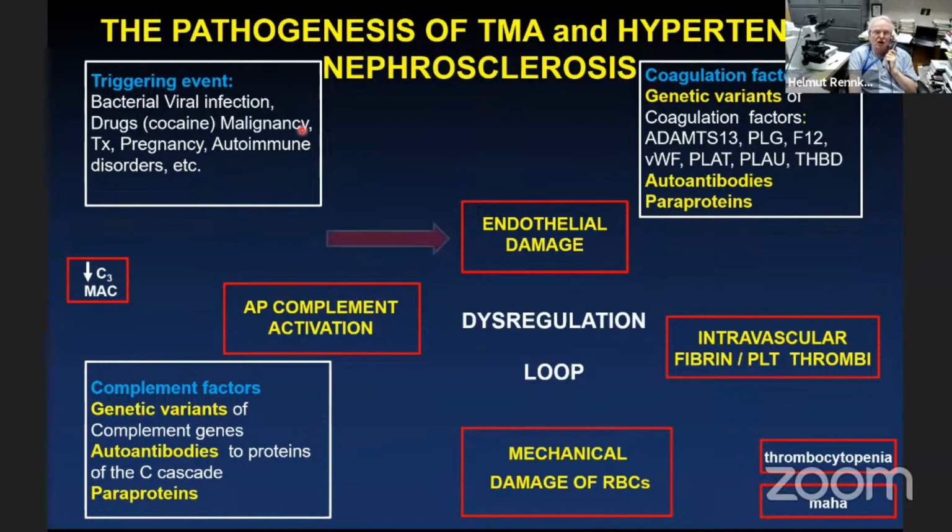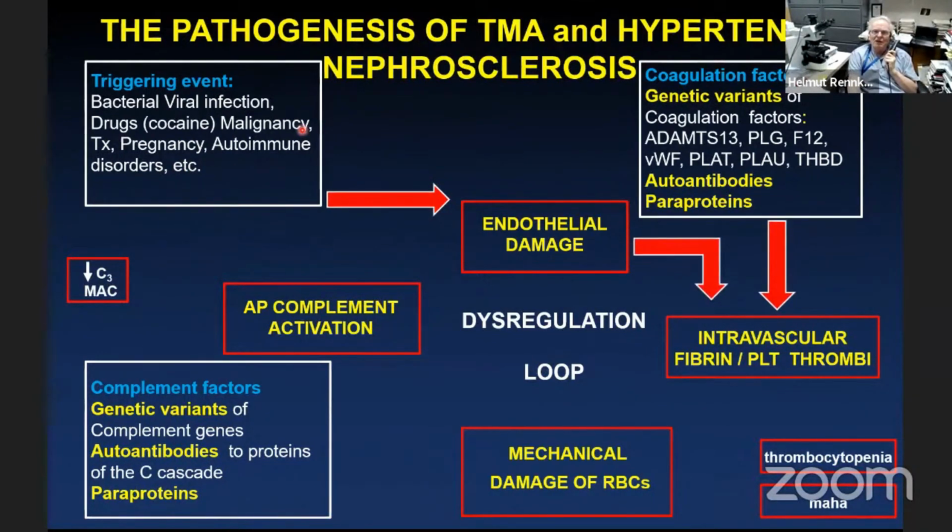This leads to early endothelial damage, and under normal circumstances this gets dealt with appropriately. But if you have a coagulation factor abnormality, it facilitates intravascular coagulation. You have formation of intravascular fibrin and platelet thrombi that eventually lead to thrombocytopenia and to mechanical damage of the red blood cells. That is the hallmark, of course, of the microangiopathic hemolytic anemia.